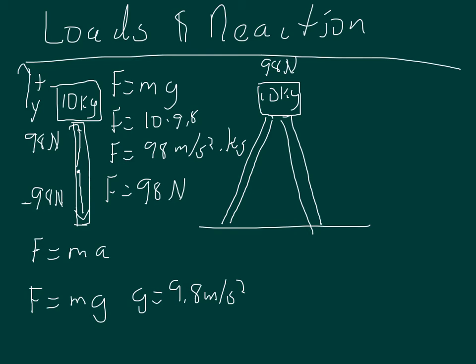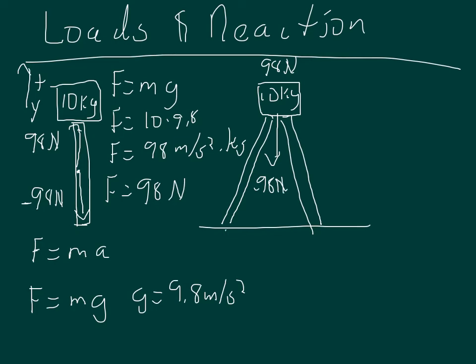Now, pretend that you have these two structures that are equal and they equally distribute the weight of that 10 kilograms. Now you have 10 kilograms going down, negative direction, negative 98 newtons.